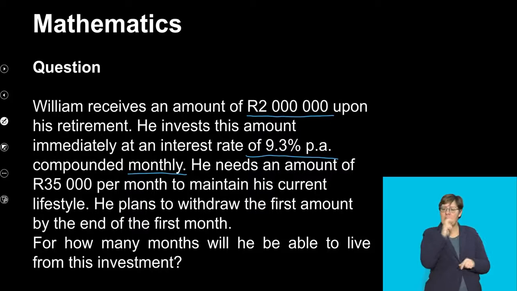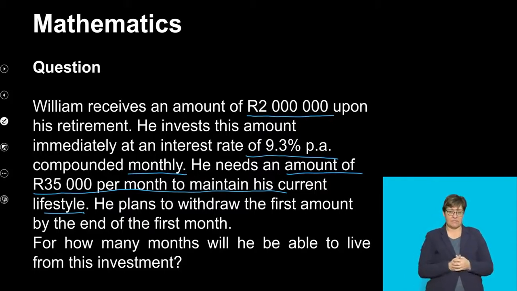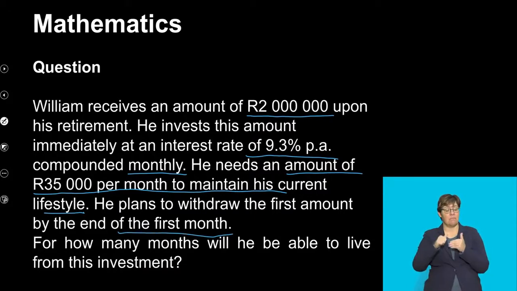He then needs an amount of 35,000 per month for a very expensive current lifestyle, in order to maintain his livelihood. He plans to withdraw the first amount by the end of the first month. For how many months will he be able to live from this investment?